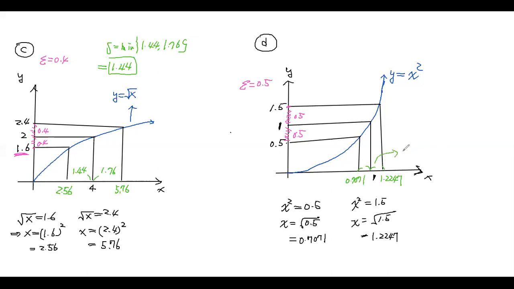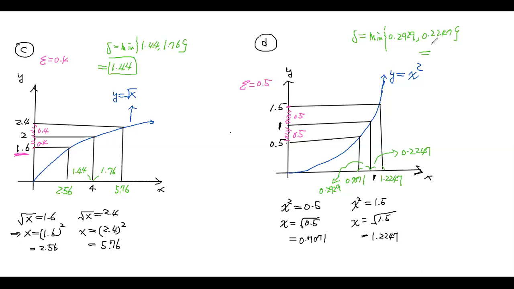Okay, so now we can find the distance here. What is the distance? 0.2247, right? And what is the distance here? The distance here is 0.2929, right? So the same way I can say delta is equal to the minimum of 0.2929 and 0.2247.